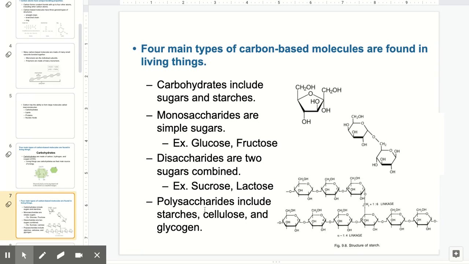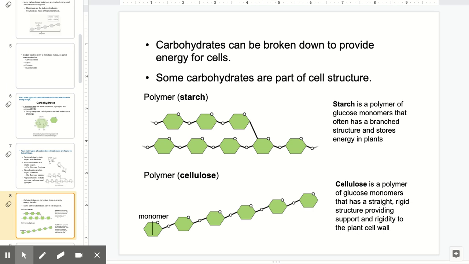And then moving forward, we've got examples of these bigger carbohydrates. We call them polymers. We have the polymer starch. Starch essentially stores energy in plants. So you can think of it like a potato is really starchy.